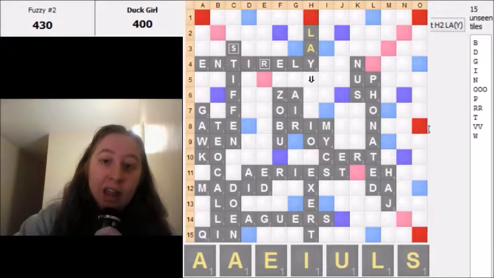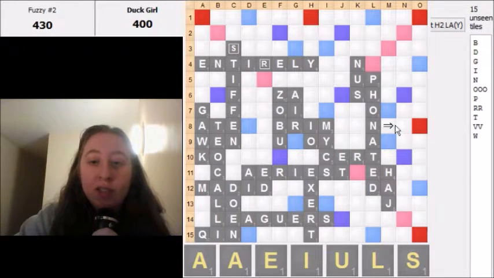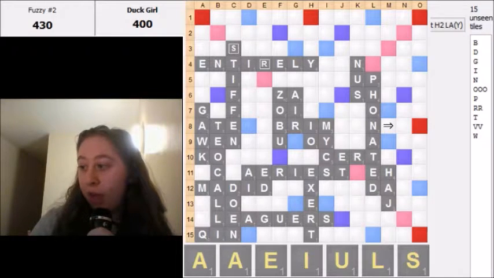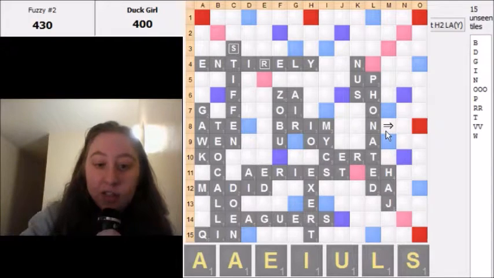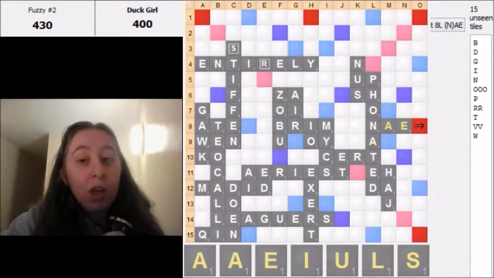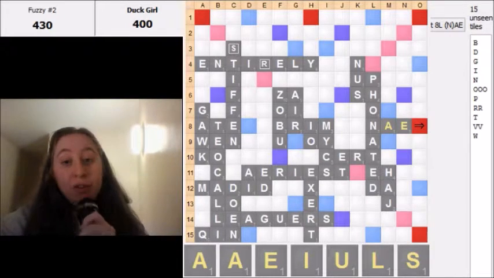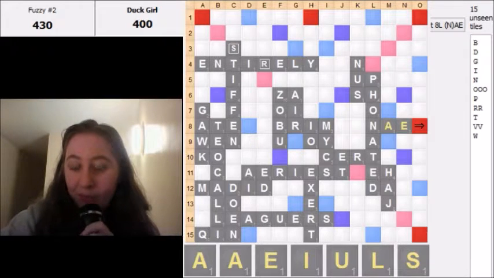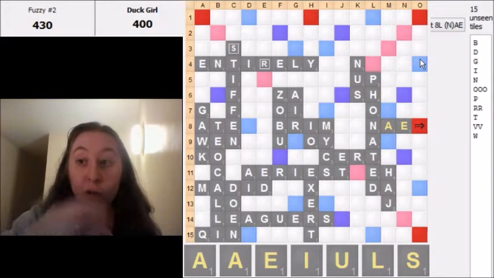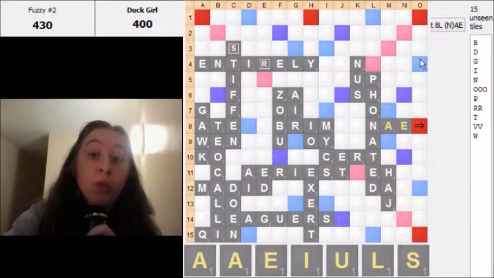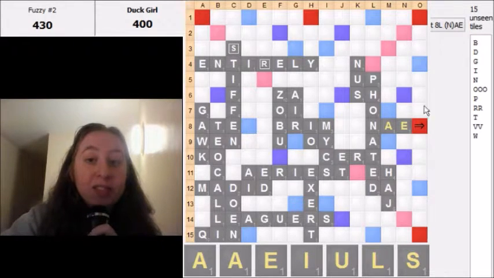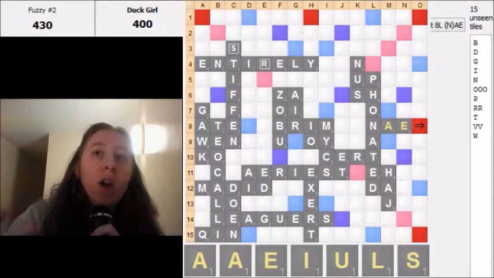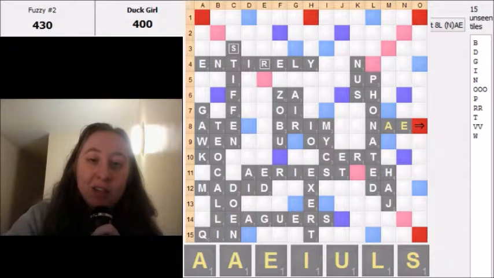But the N here is a particularly useful place to do a setup. So a play such as Nay, its only end hook is an S, and that's particularly good because your opponent is then not able to use this setup themselves. They then are forced to think about whether it's necessary to block the setup or not.